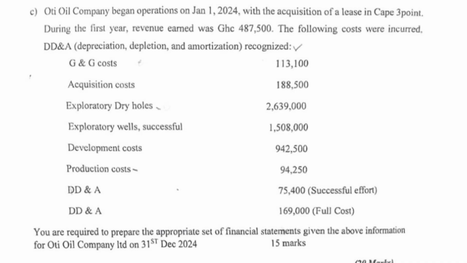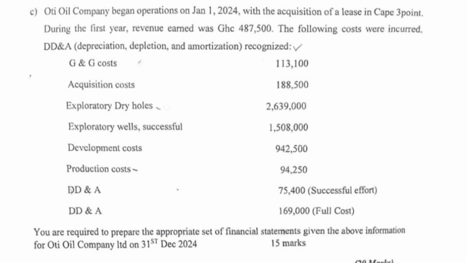Exploratory dry holes 2,639,000, and then the exploratory well, the one which was successful, 1,508,000.